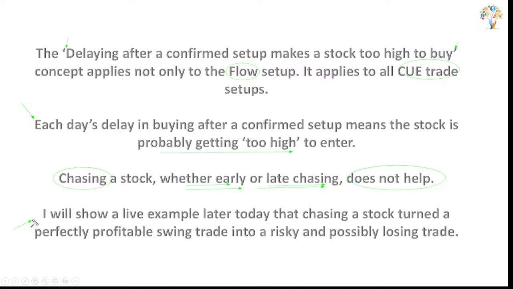I will show a live example later today where chasing a stock turned a perfectly profitable swing trade into a risky and possibly a losing trade. It's a trade that you may have open now. I shared it earlier in the last market recap. I'll take that as a live example to show how chasing did not help, but it became too high as we delayed after the signal day.